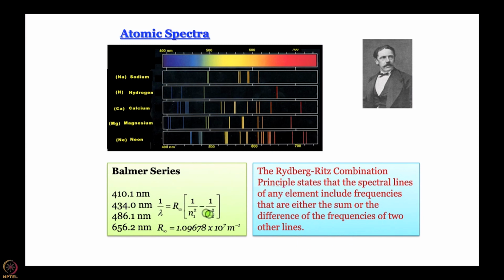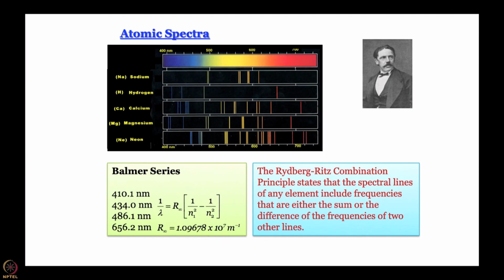And what it boils down to is that 1 by lambda, the wave number, is equal to a constant R multiplied by 1 by n1 square minus 1 by n2 square, where n1 and n2 are two positive integers. This constant R is called the Rydberg constant, and the value of the Rydberg constant was found to be 1.09678 into 10 to the power 7 per meter.